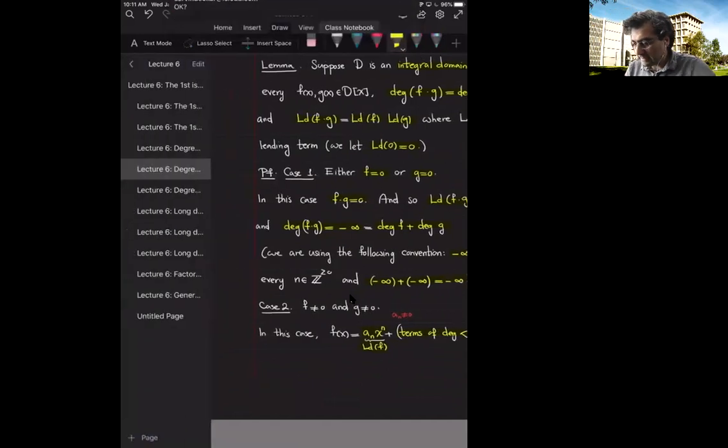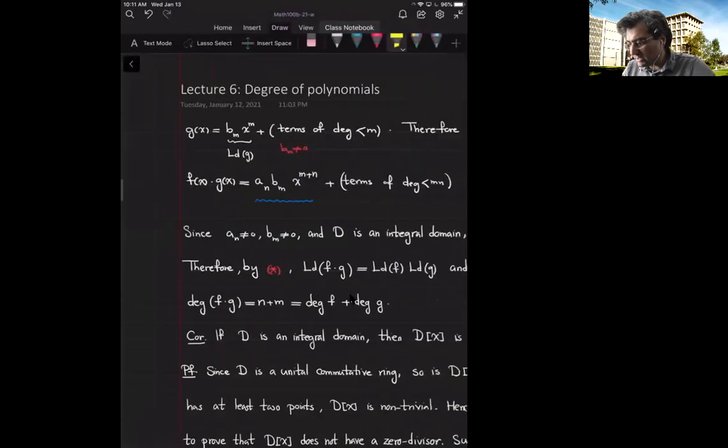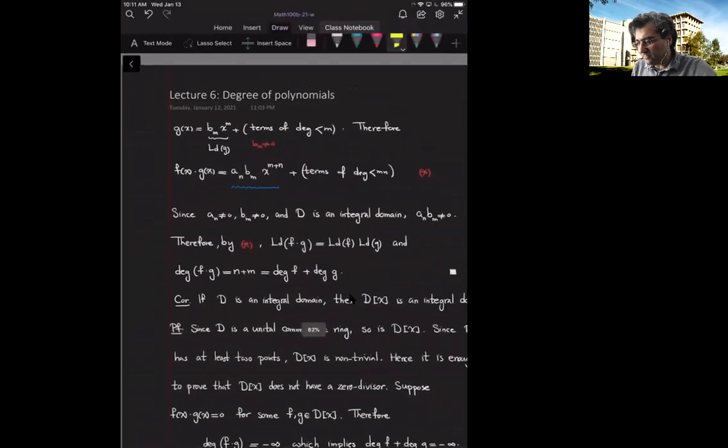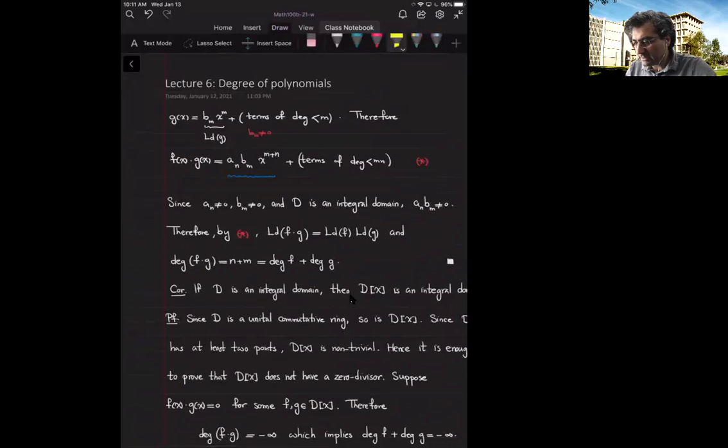And because g is not 0, again, I can do the same for g, and then I can write it as a non-zero leading term, b sub m x to the m, plus terms that have degree strictly less than m.